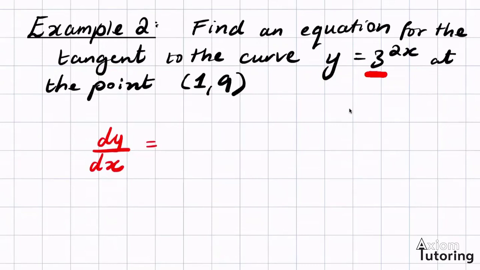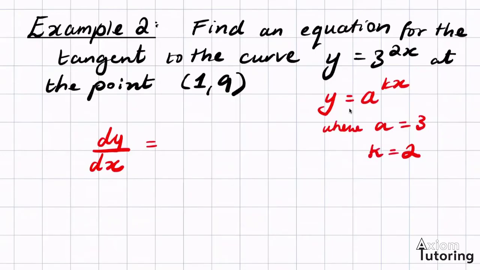This is equivalent to our a being 3 and our k as 2. If we compare it directly, I can write it here: a to the kx, where a equals 3 and k equals 2.